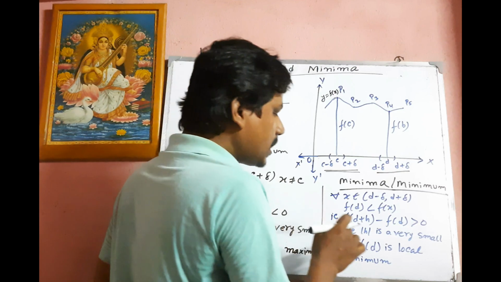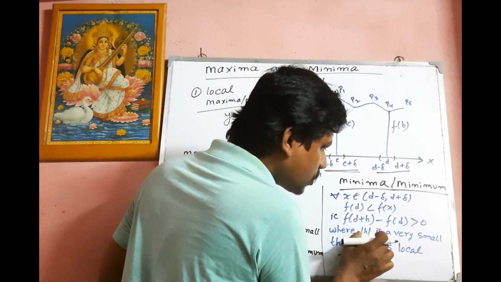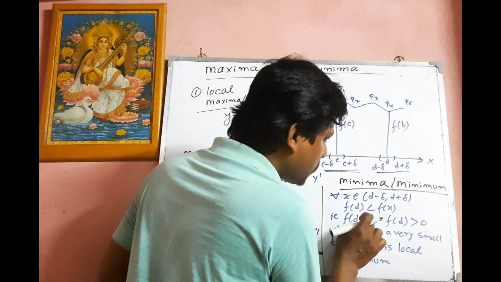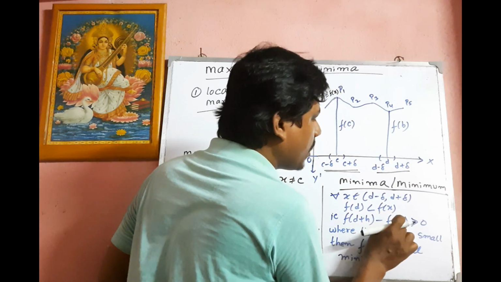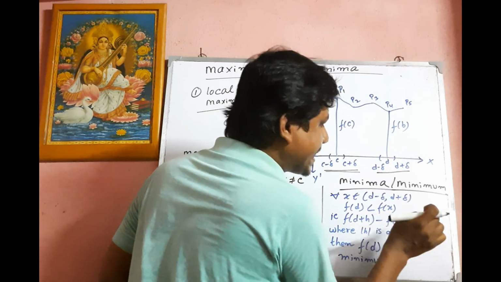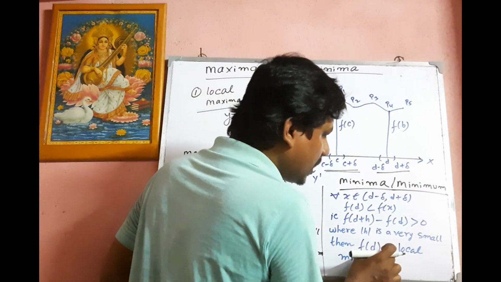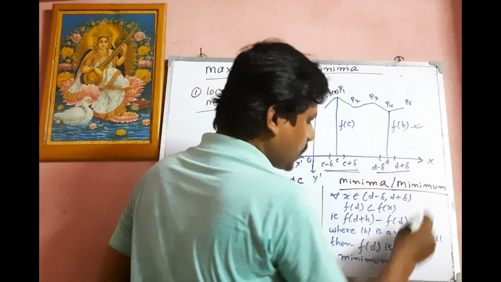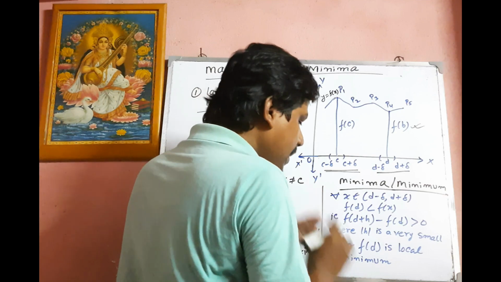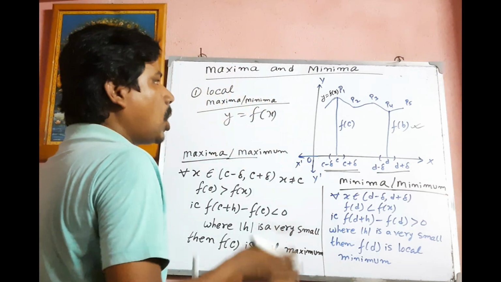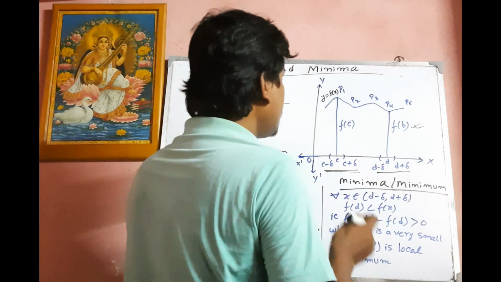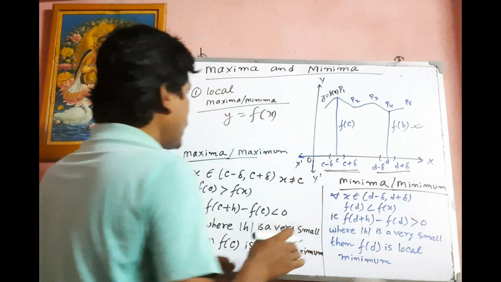So from there, if we take h as a very small number, then f of d plus h minus f of d is always greater than 0. That is, we can say f of d is a local minimum or minima of the given function y is equal to f(x).